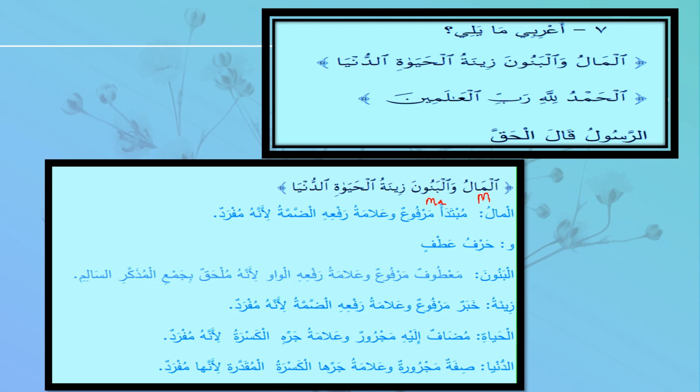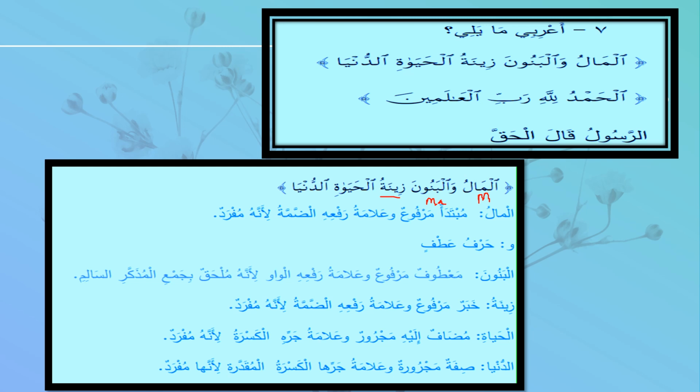Zinatul Hayatid Dunya. So if these are mubtada, al-mal wal-banun, what is zina? Zina is coming as a khabar for the mubtadas, and al-hayatid dunya is the extension, that is the mudaf ilayhi for zina, and dunya is sifa for haya.